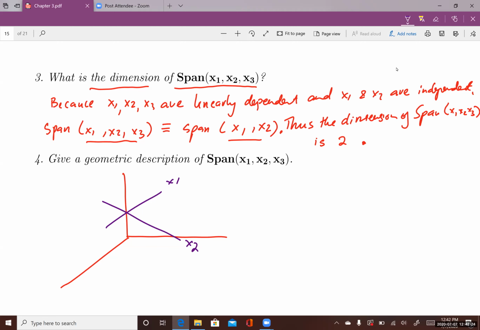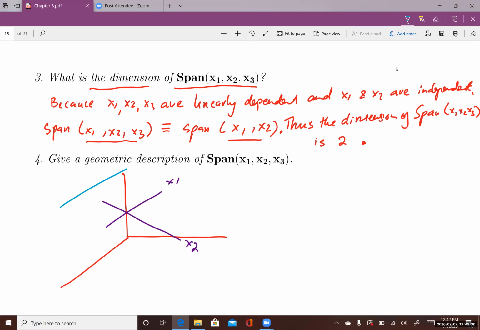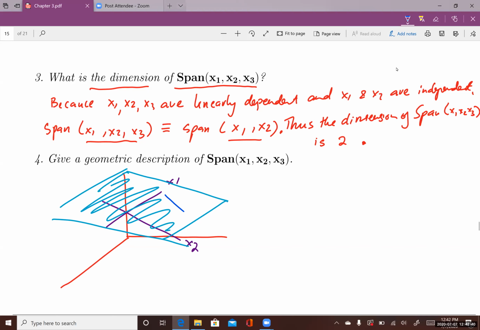So x1 and x2 will form a plane. There's a plane that contains x1 and x2. And x3 is just another vector that is on the same plane.